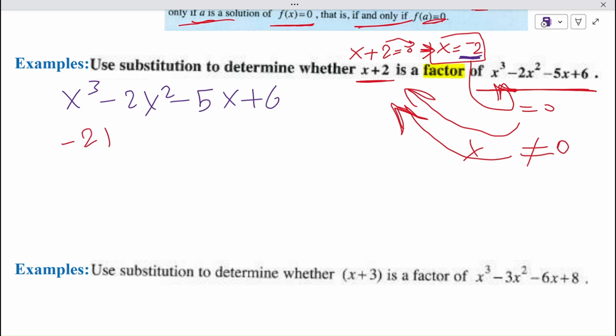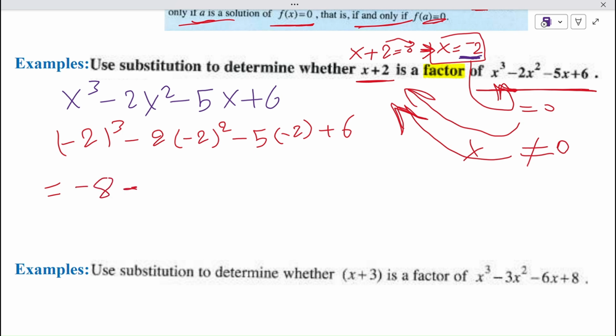Minus 2 cubed minus 2 times minus 2 squared minus 5 times minus 2 plus 6. Okay, here 2 times 2 is 4, times 2 is 8. This is equal to minus 8.